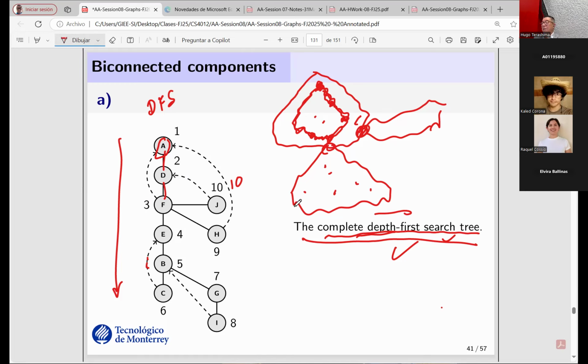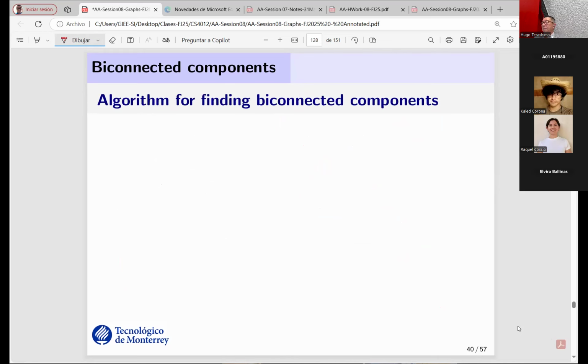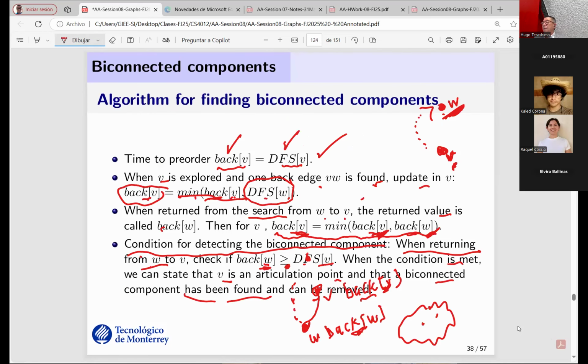What are the different conditions? You're going to do first, you're going to set all the back of the nodes equal to DFS of that node, right? That's the first thing you do. And then when you find a node B and you explore back edge BW, right?